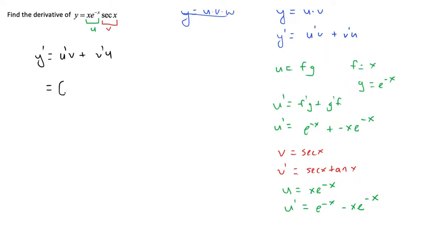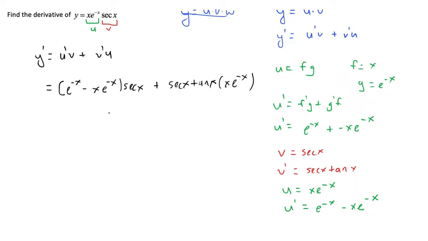So we're going to have e to negative x minus x times e to negative x, times secant of x, plus v prime, which is just secant of x tan of x, times u, just u by itself, so x e to negative x.